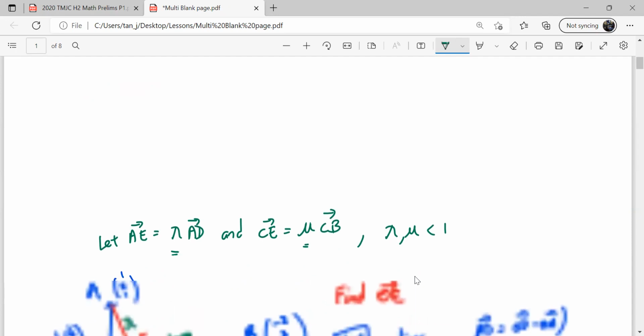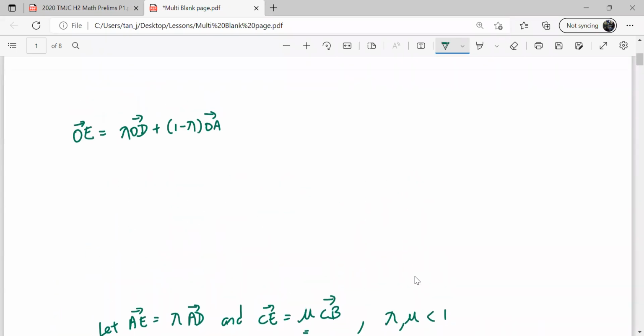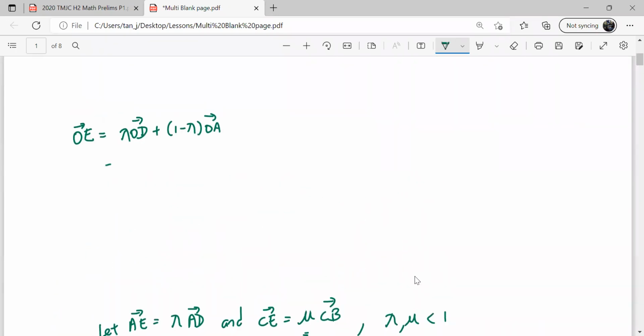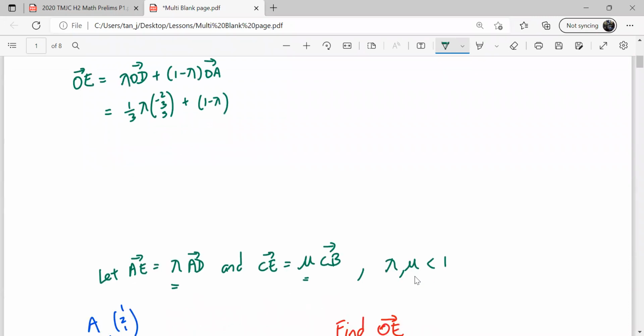Okay. OD is 1/3 of minus 235. So you have 1/3 lambda minus 235 plus 1 minus lambda 1 to 1.